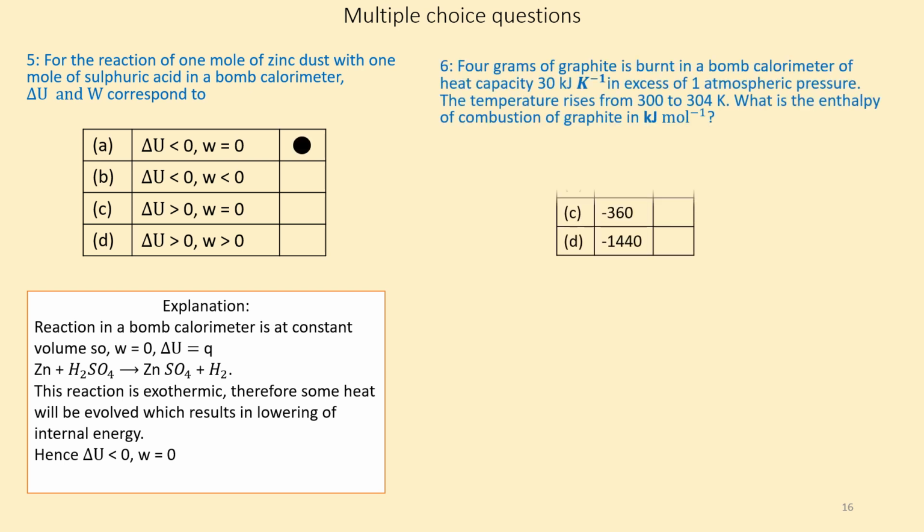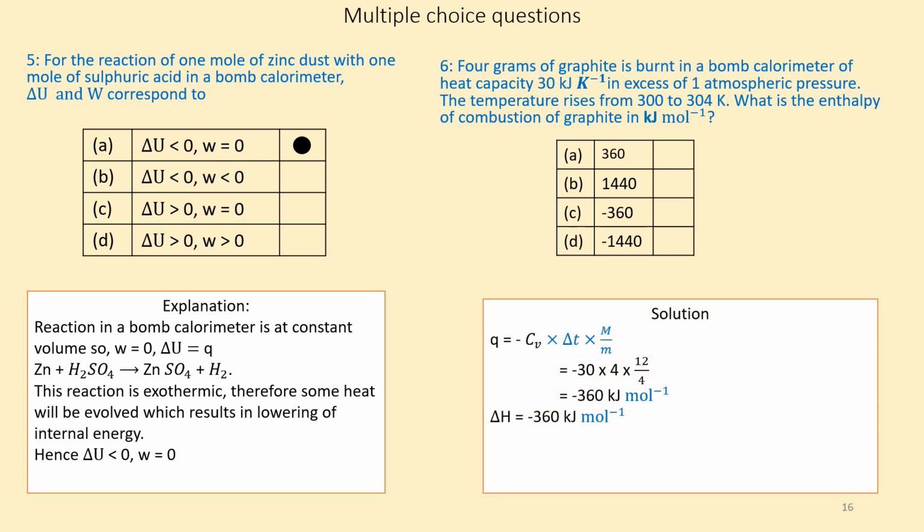Please mark it. Next question: 4 grams of graphite is burnt in a bomb calorimeter of heat capacity 30 kilojoules per Kelvin in excess of 1 atmospheric pressure. The temperature rises from 300 to 304 Kelvin. What is the enthalpy of combustion of graphite in kilojoules per mole? You have to make some calculations, which are shown in the inside box. We should remember that in a bomb calorimeter, Q is equal to minus Cv into delta T into capital M by small m.